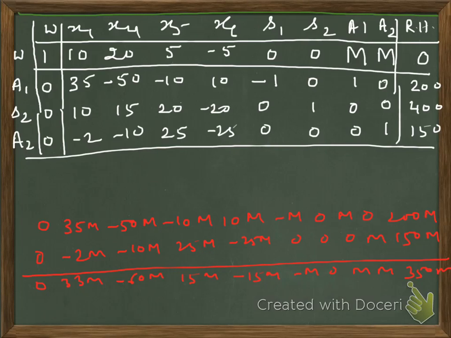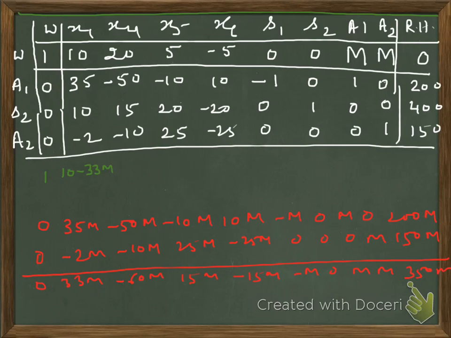So if we make those changes, like if we subtract from 1 this 0, let me change the color. So 1 minus 0, that is this 1 minus this 0, is 1. Then this 10 minus this 33m is 10 minus 33m.